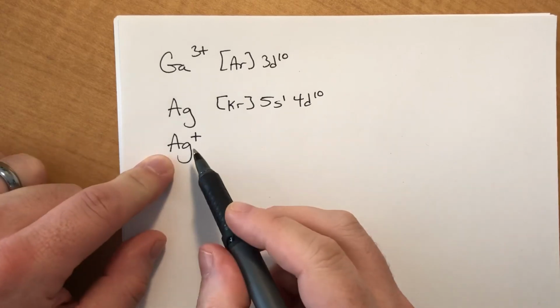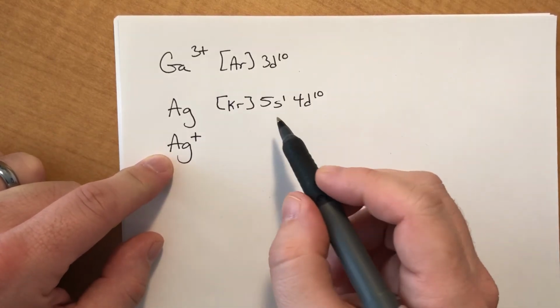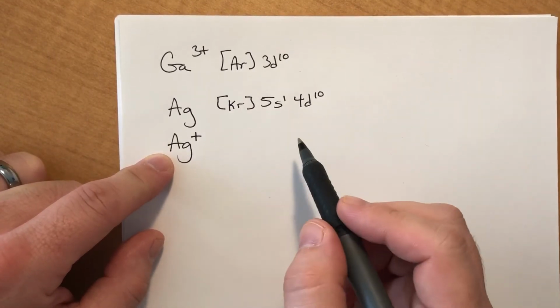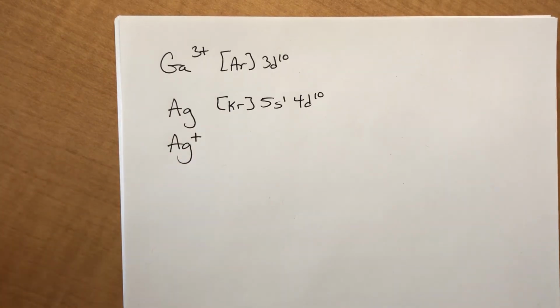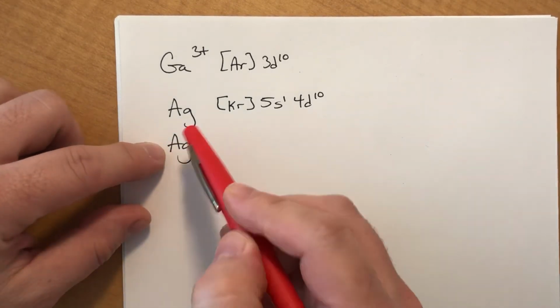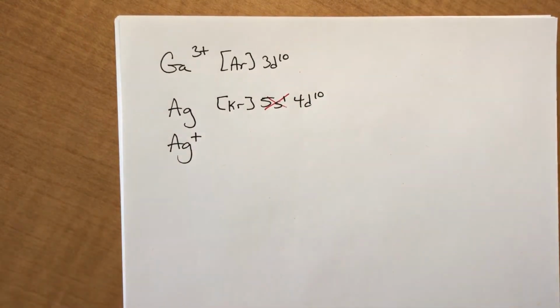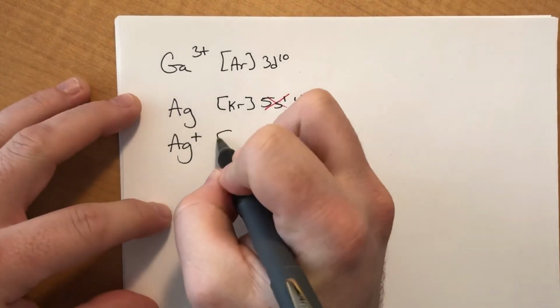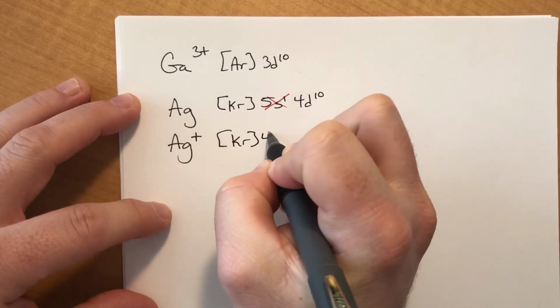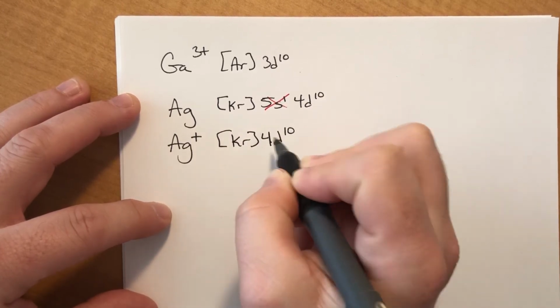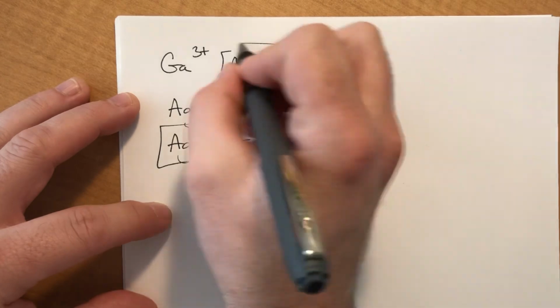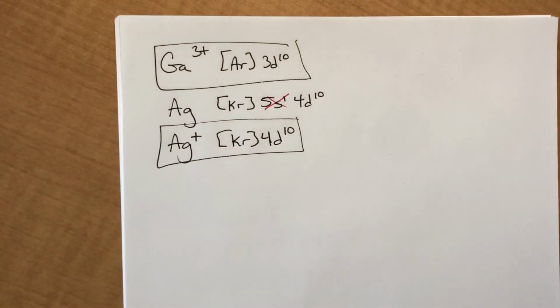Now, when we need to remove one electron, the other rule still applies, even though this has an exception. This is the other exception. So this one actually has both exceptions going on at the same time. If you have a plus charge, the s gets removed before the d. A little weird, not impossible though.